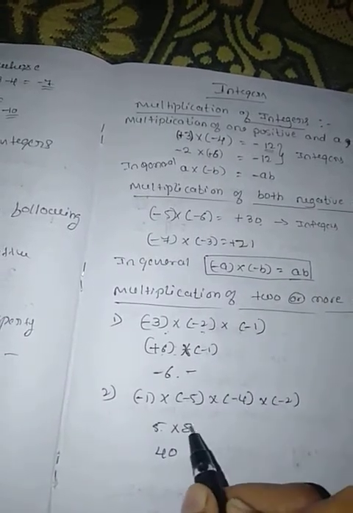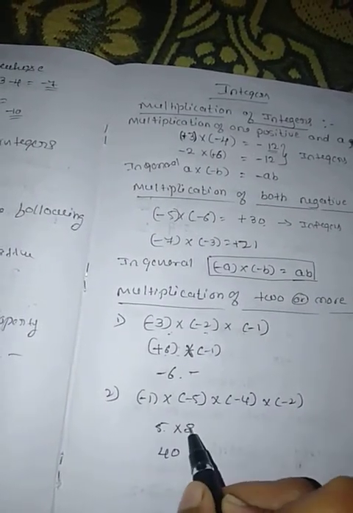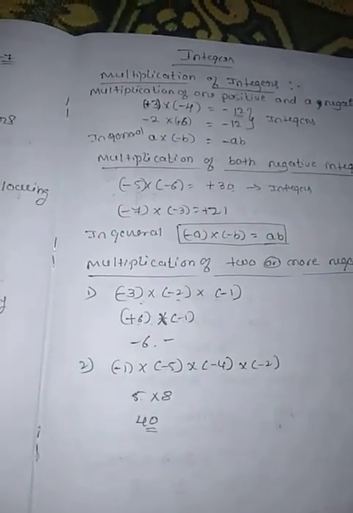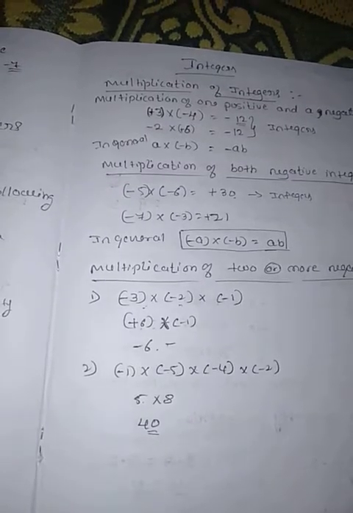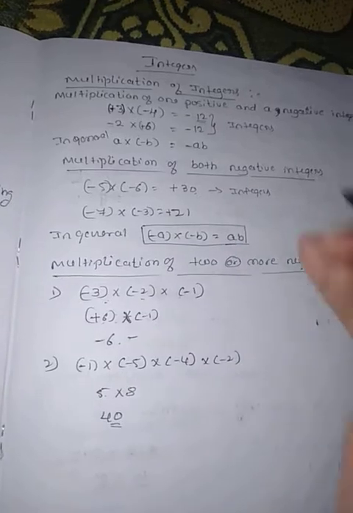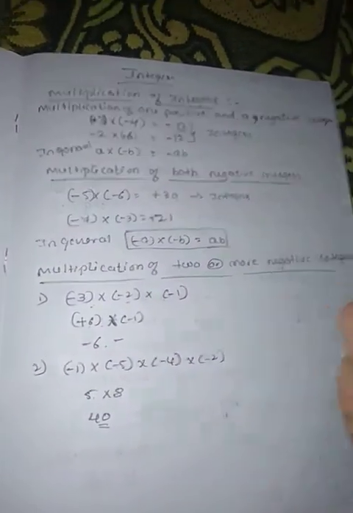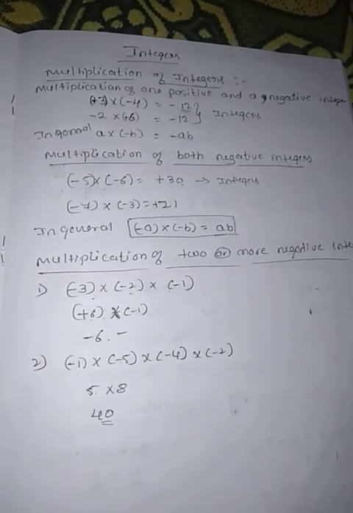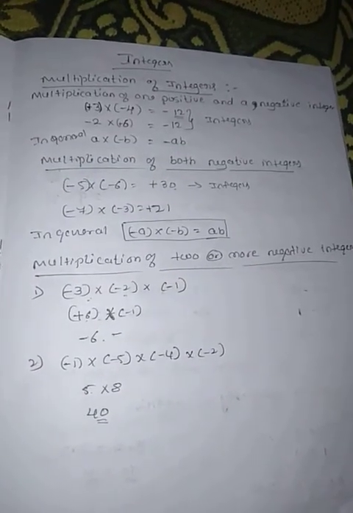Then into minus into minus is plus, 4 into 2 is 8. So 8 5s are 40. This is a positive integer. So when we multiply an even number of negative integers, we get a positive integer. Remember that. Whatever I write here, just copy in your class work.